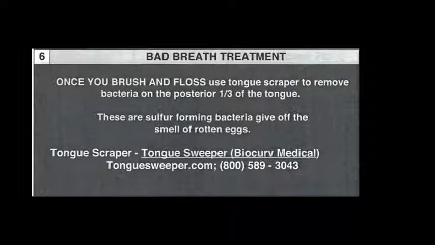And what you will find the first few times that you use it, you'll get a slime off the back of your tongue, and your mouth will immediately feel cleaner. And if you use this with the mouthwash that is recommended on the website, which is the most effective, cheapest mouthwash you can use, this even adds to the sweet breath.